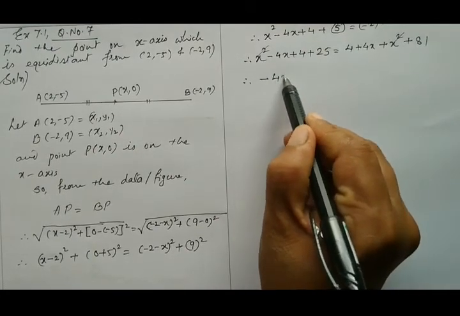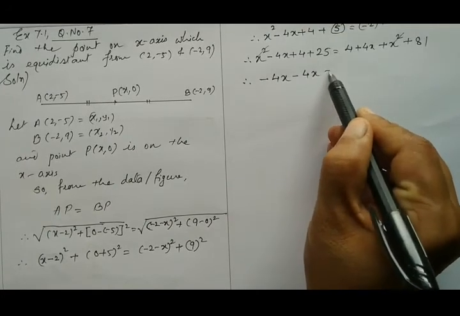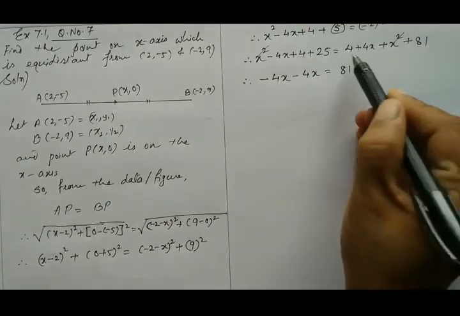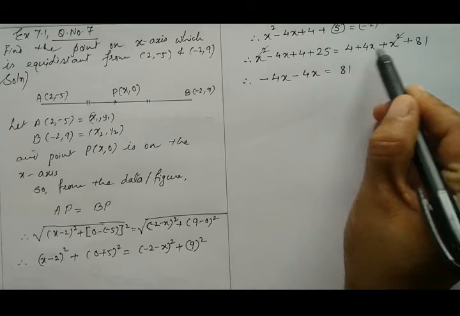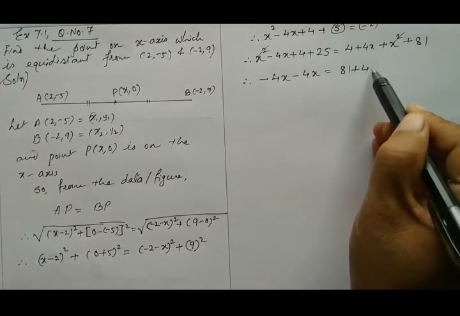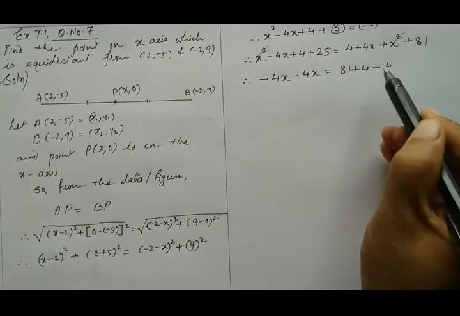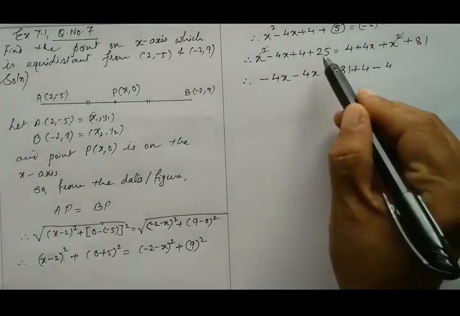Now minus 4x, take 4x this side, so this will become minus 4x, 81 plus 4, and the plus 4 will come as minus 4, 25 will come this side.